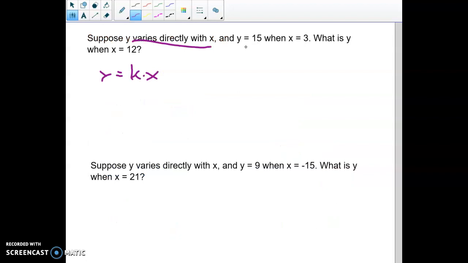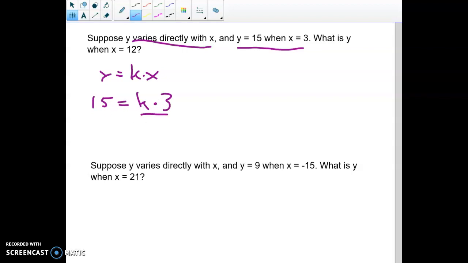Okay, and so that's where this next piece of information comes in. It says when y is 15, x is 3. Okay, so what I can do to figure out what k is, I say, okay, well, I have 15 for y. I don't know what k is, but x is 3 when y is 15. So I plug this in and say, what number do I need here? You can kind of see that it's 5, right?